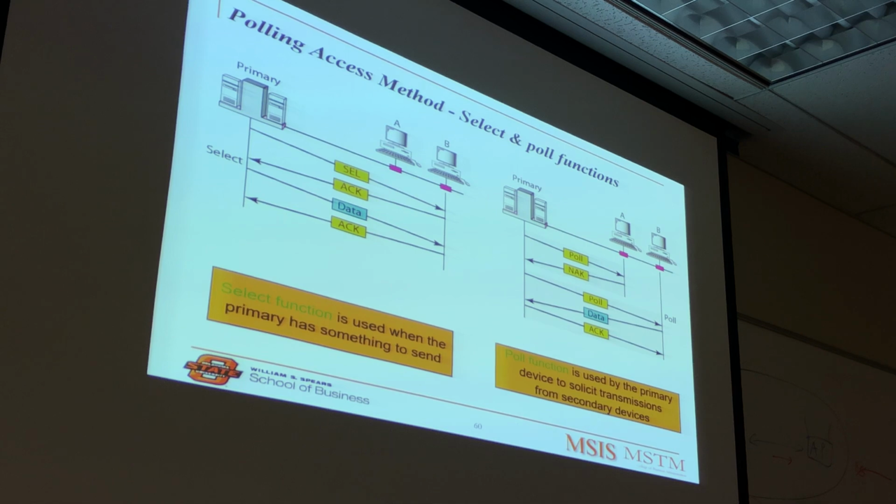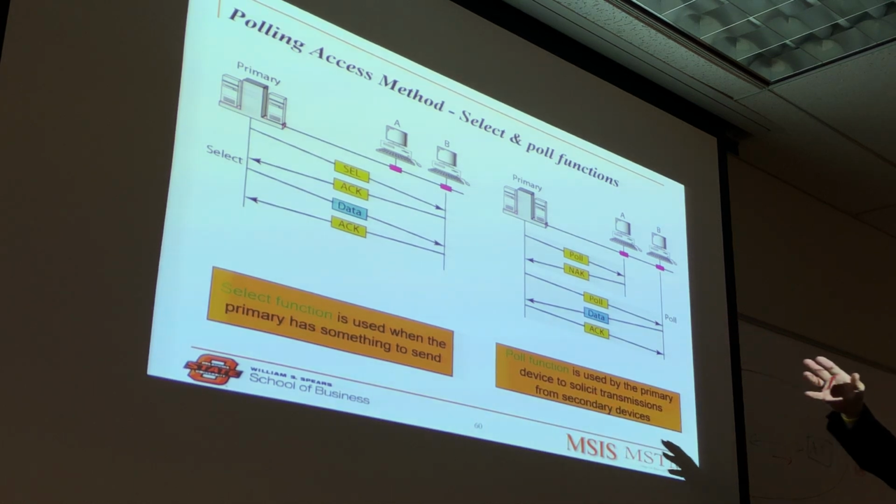Whereas polling is usually for when you have two different types of device. One is the primary or master, and the others are secondary or slaves. Okay? It's like an old approach from when you had a mainframe or minicomputer with terminals and auxiliary devices like printers. The primary can transmit without permission.